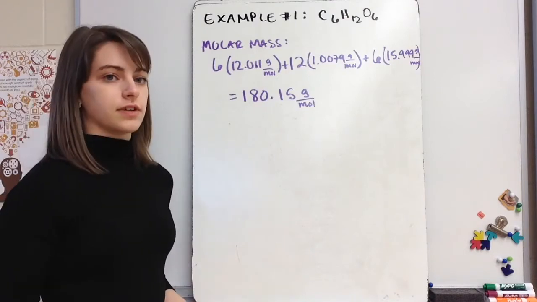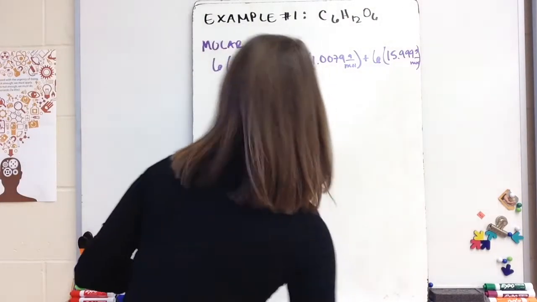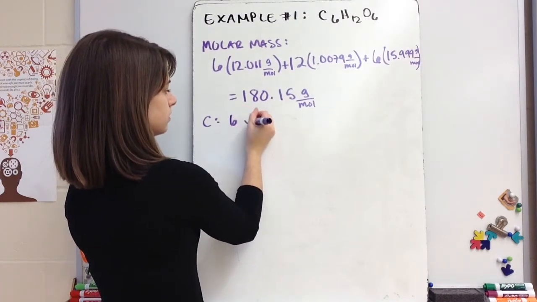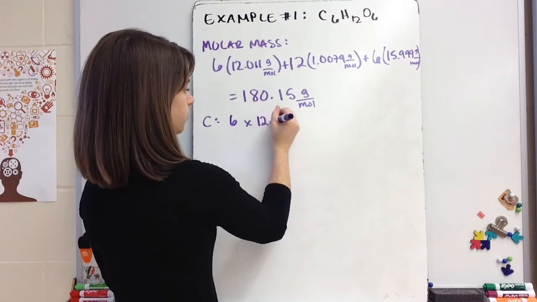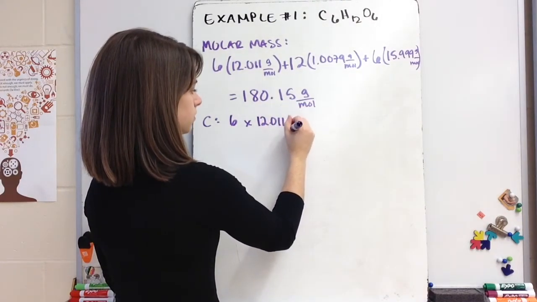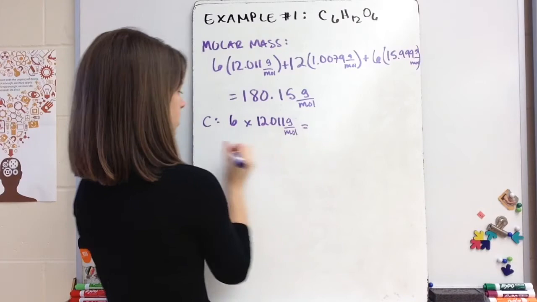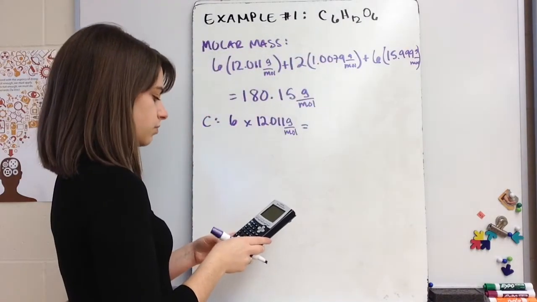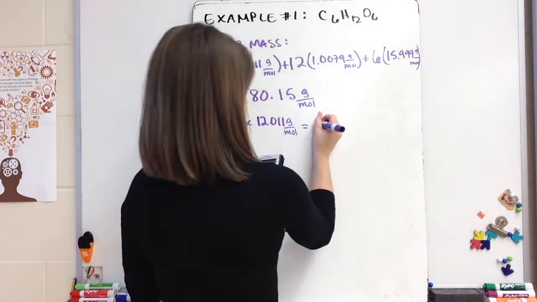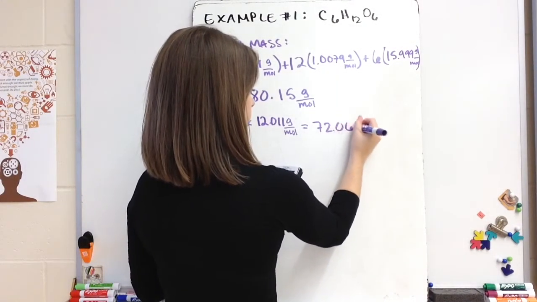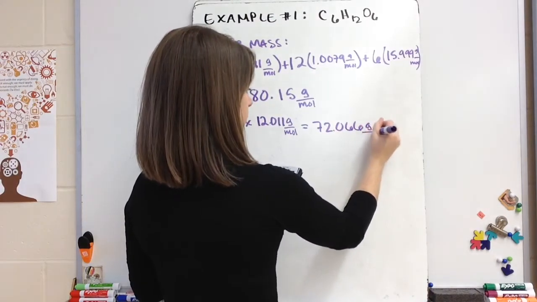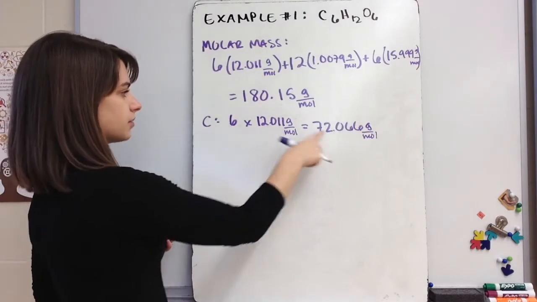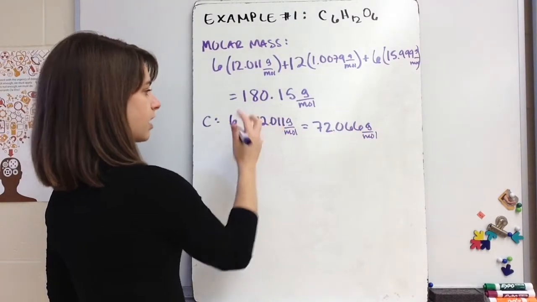So that's the total mass of the whole compound. So for each of these, we need to figure out the mass of each individual component. So for carbon, I have 6 carbons. The mass of carbon is 12.011. Let's just do carbon first. So 6 times 12.011 gets me 72.066 grams per mole. Now, if I want to find my percent composition of carbon, I'm going to do my carbon part divided by my whole.